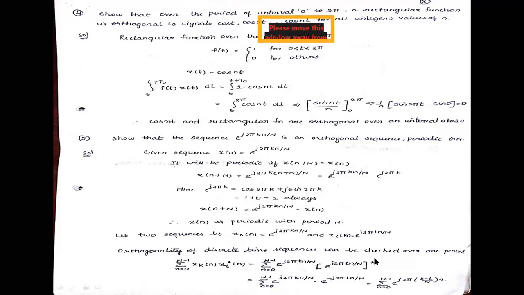What is the star? The conjugate function. Removing the conjugate here, I change only the sign of the exponential power. So sum of n equal to 0 to N minus 1 of e power j 2 pi k n by N and e power minus j 2 pi l n by capital N.